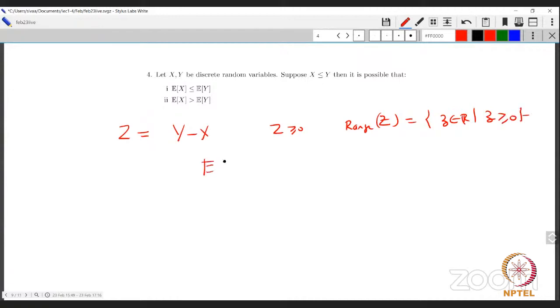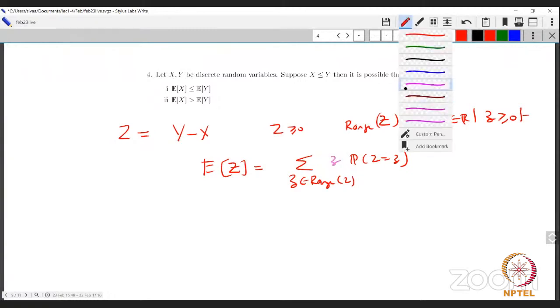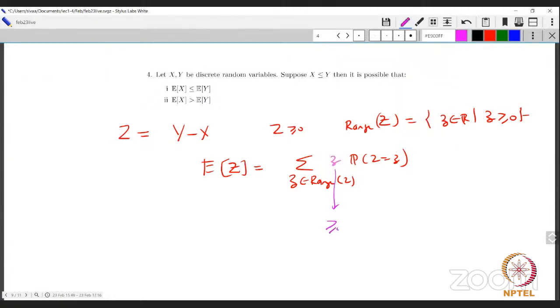So then what is E of Z now? The expectation of Z is equal to what? It is the summation over z in the range of Z of z times the probability that Z equals z, right? That's the expectation. So now we observe that in all these terms Z is non-negative, and all the probabilities are non-negative too.